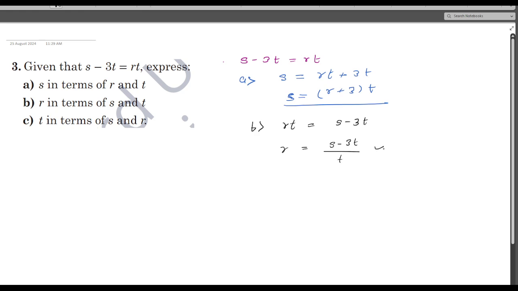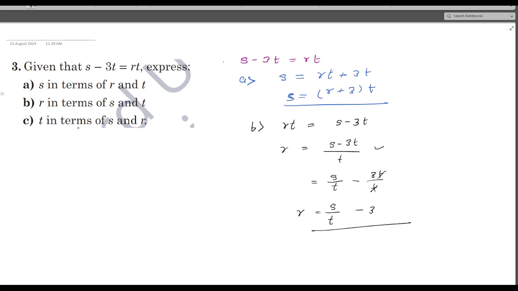You can keep your answer here, or you can split and say that it is s divided by t minus 3t divided by t. This t will cancel, and you have minus 3. So your r is equal to s divided by t minus 3.